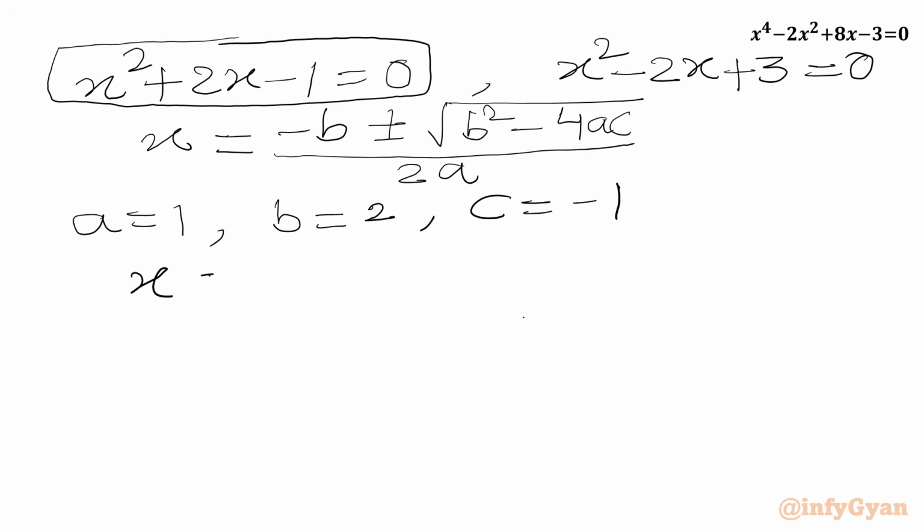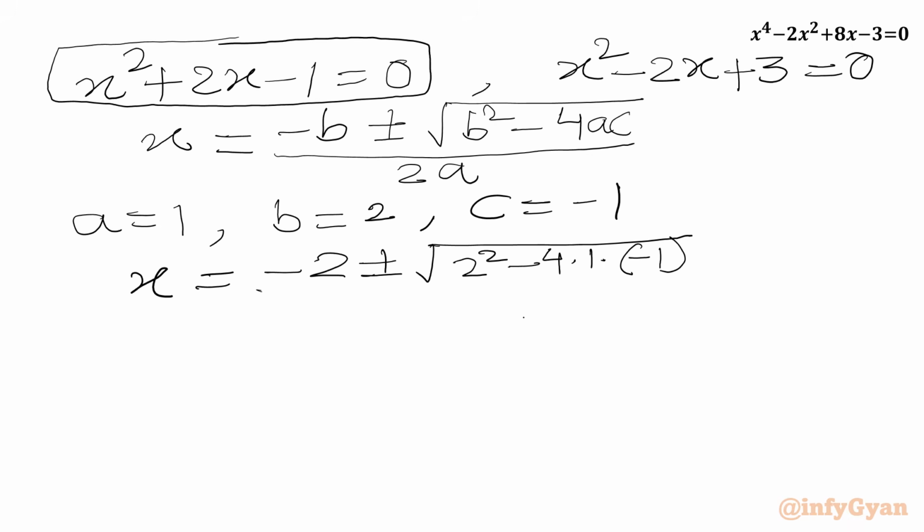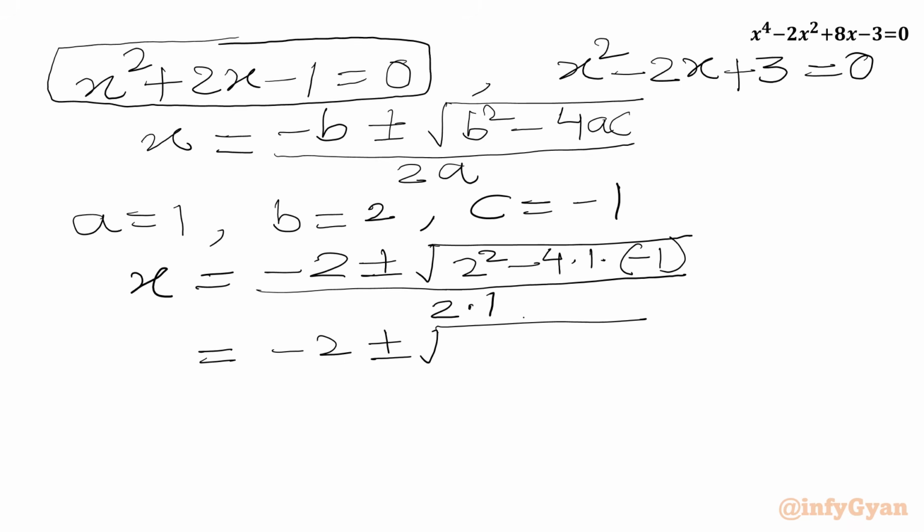So we will get x equal to minus 2 plus minus square root of 2 square minus 4 times 1 times minus 1 over 2 times 1, which will be equal to minus 2 plus minus square root of 4 plus 4 over 2. 4 plus 4 is 8.